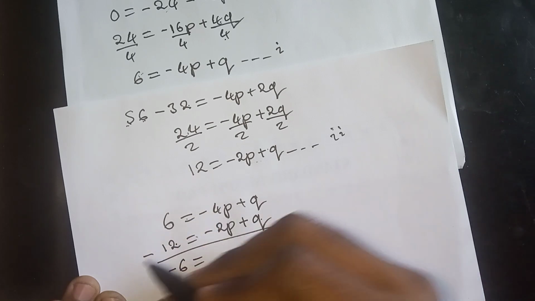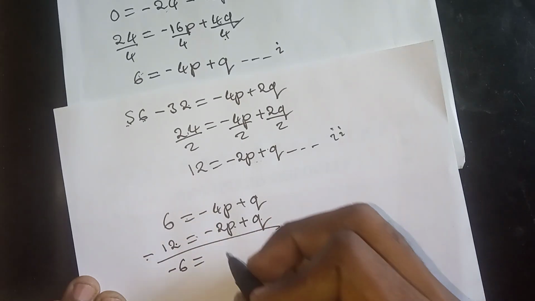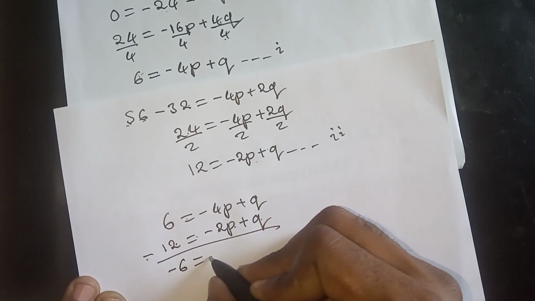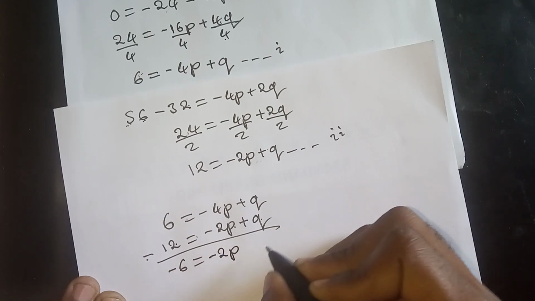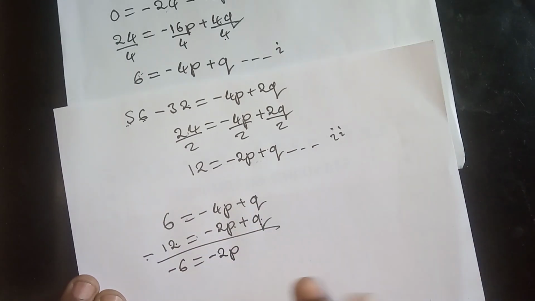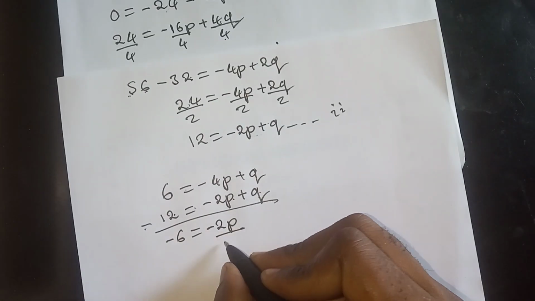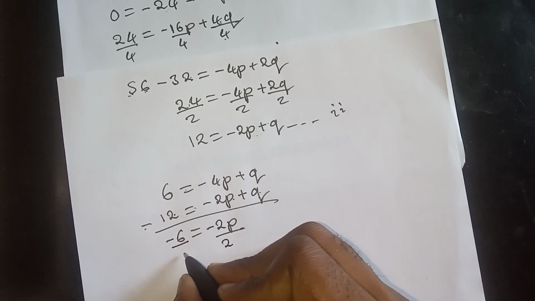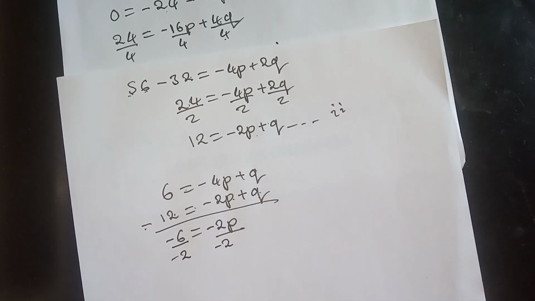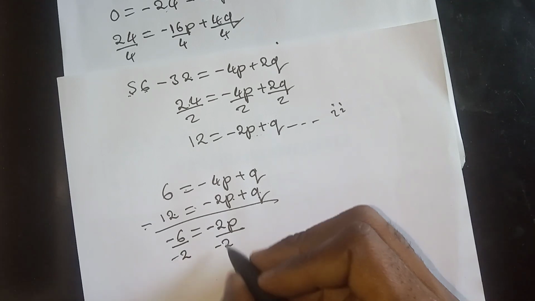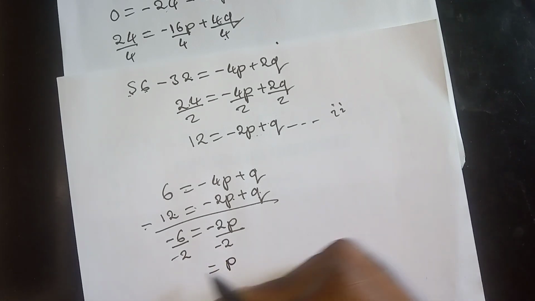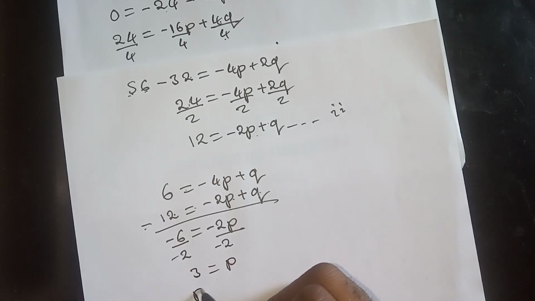And then negative 4p minus negative 2p, this will be negative 2p. This minus this is 0. So then our p will be, when you divide both sides by negative 2, p is equal to 3. So p is equal to 3.